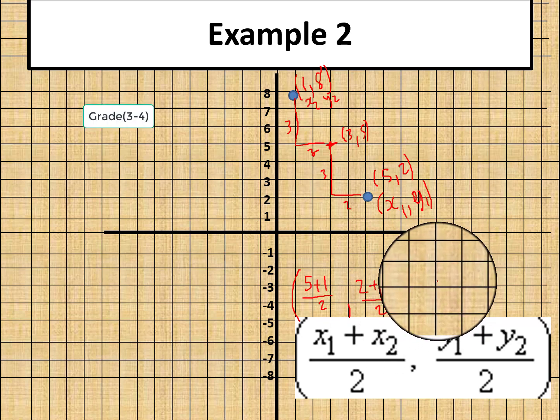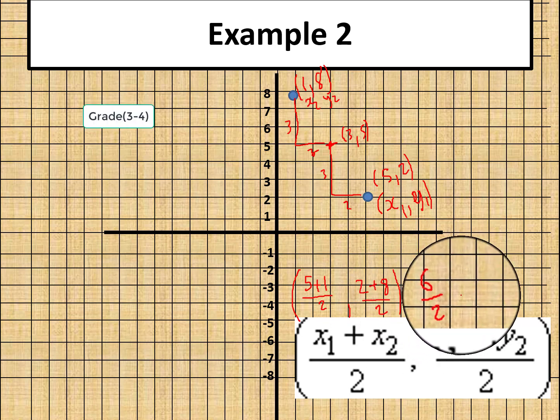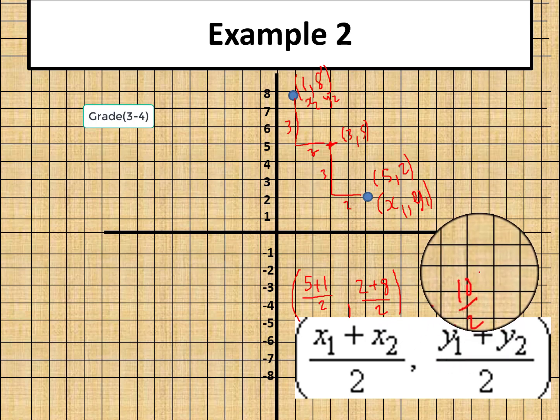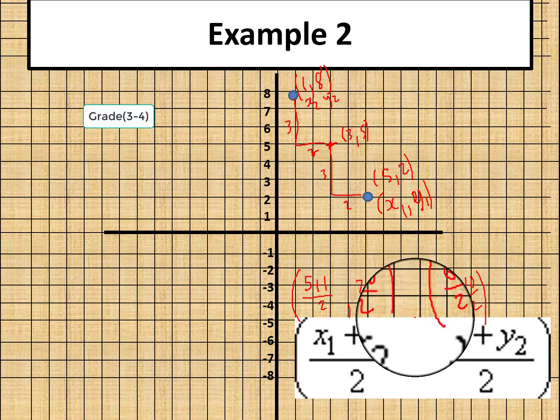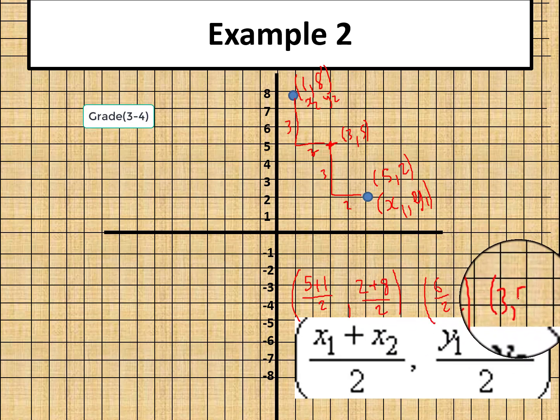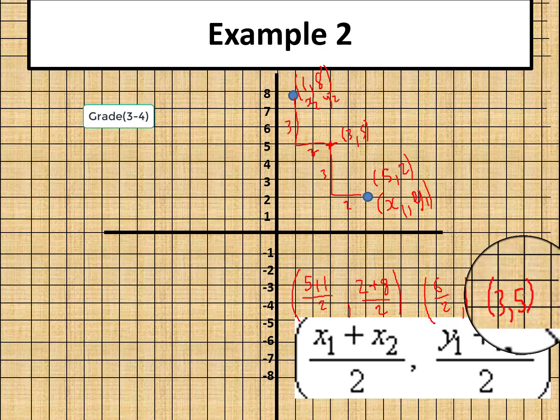So that becomes 6 over 2 and 10 over 2 as coordinates, and we're just going to simplify that to (3, 5), and that's normally a 2-mark question.